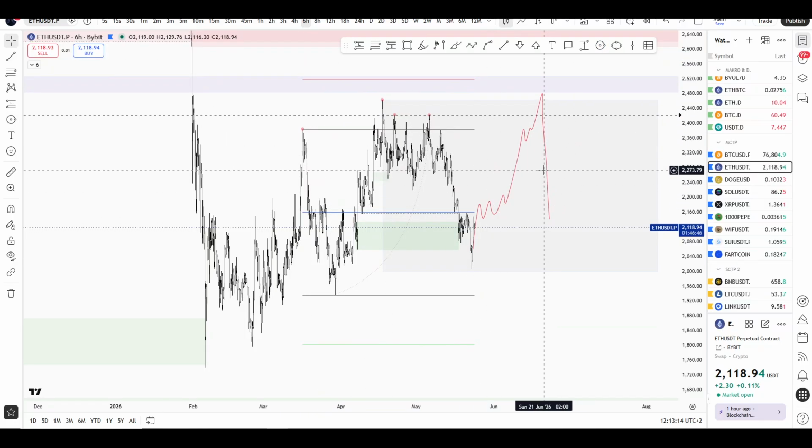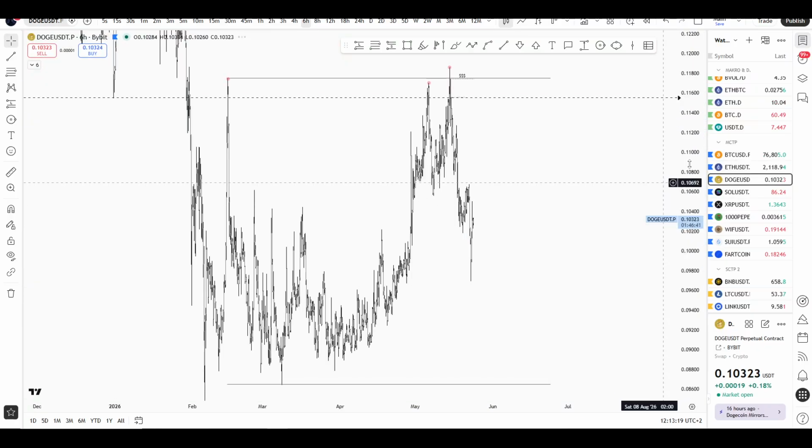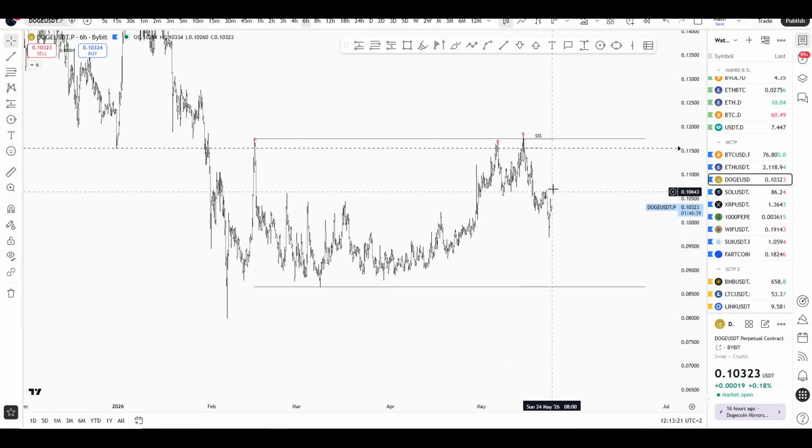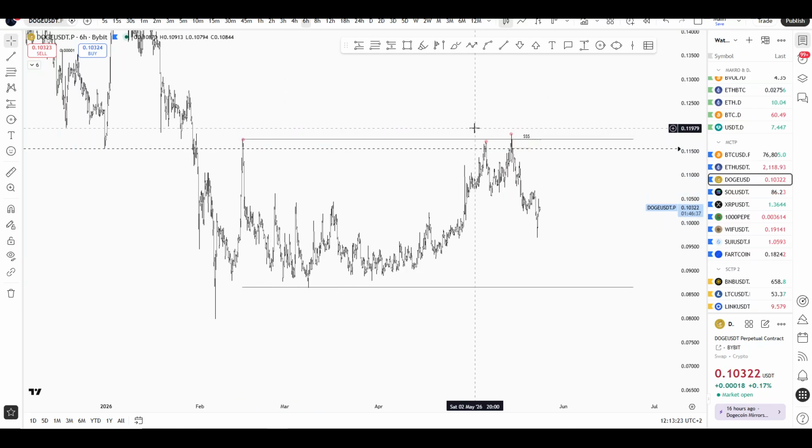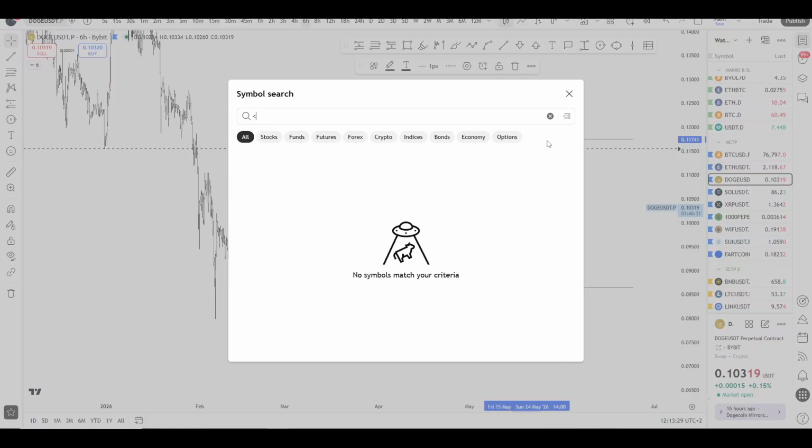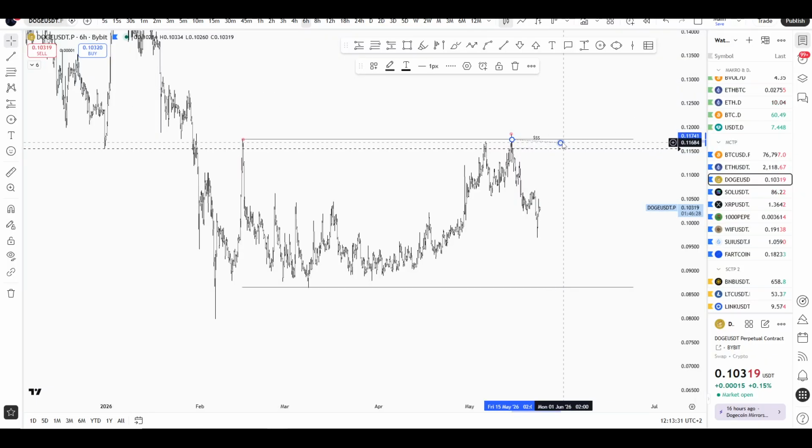And yeah, this is a scenario, and looking at other altcoins like Doge, for example, this can be a range. So our 1, our 2, I was looking at a local model, but here we have our extreme liquidity.